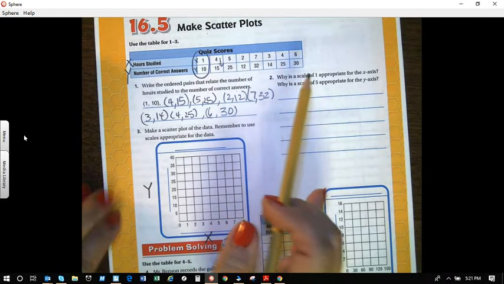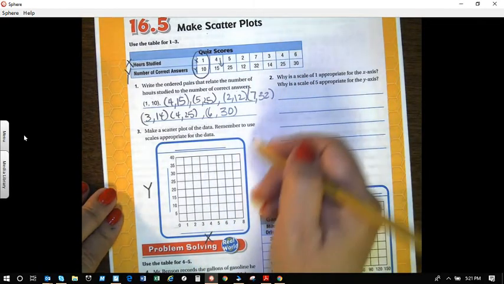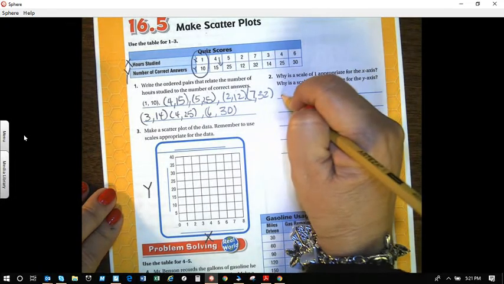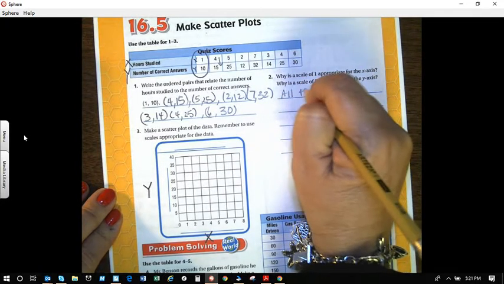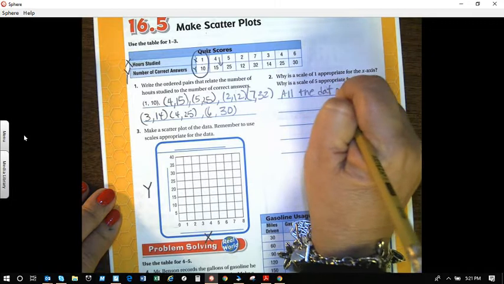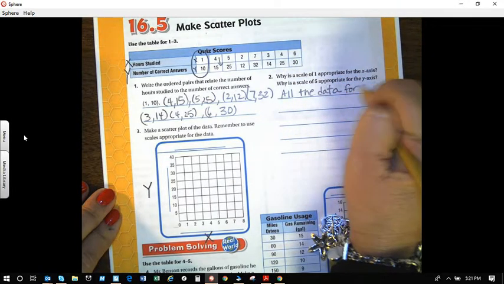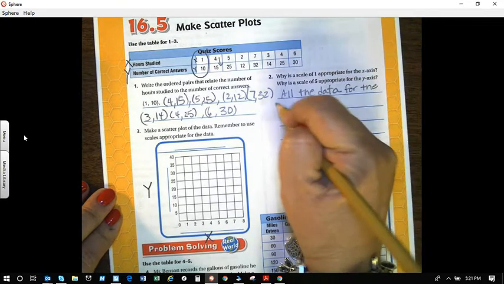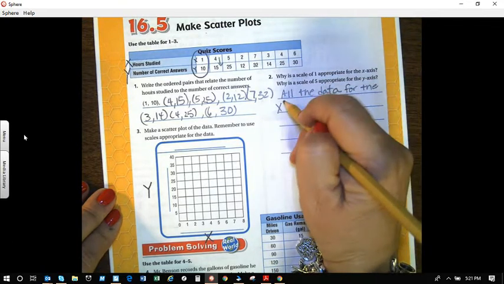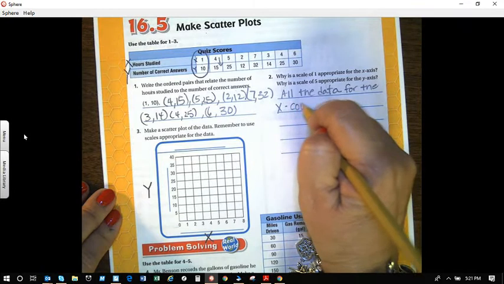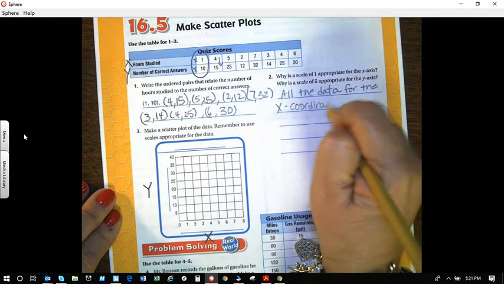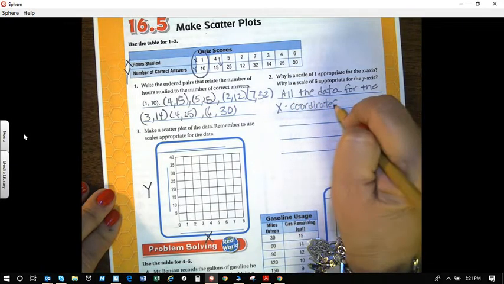You can phrase it whichever way, but all the data for the x coordinates, the x locations, are less than 10.